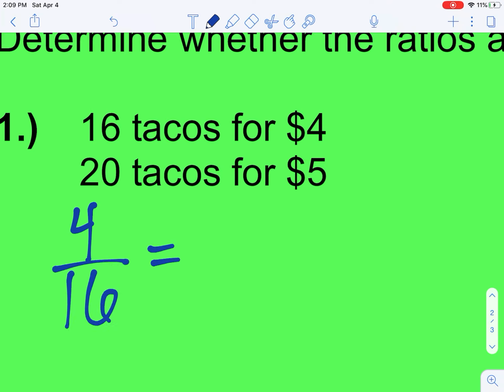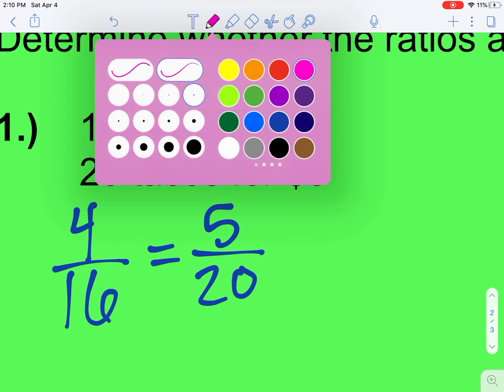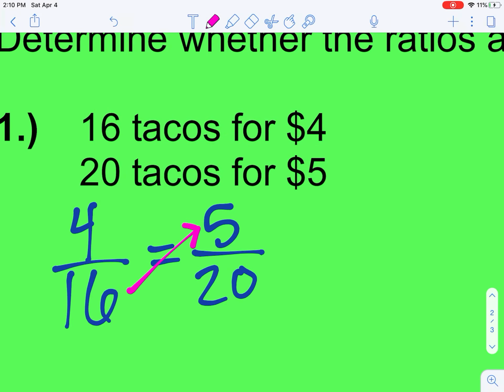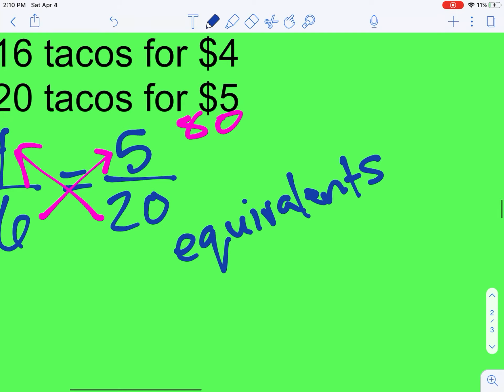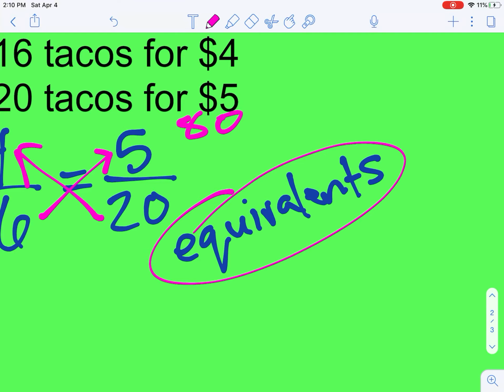I want to know if that is the same as $5 for 20 tacos. I'm going to cross multiply. I'm going to do 16 times 5 first, and I get 80. I'm going to do 20 times 4, and I get 80. So those are equivalent.